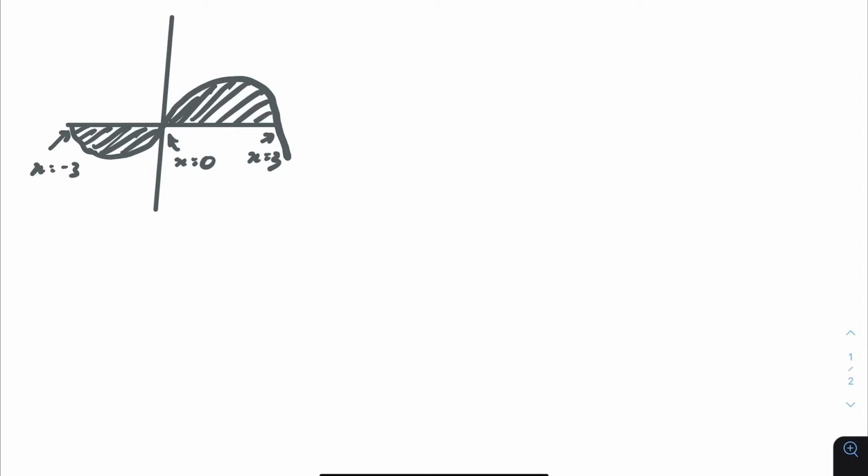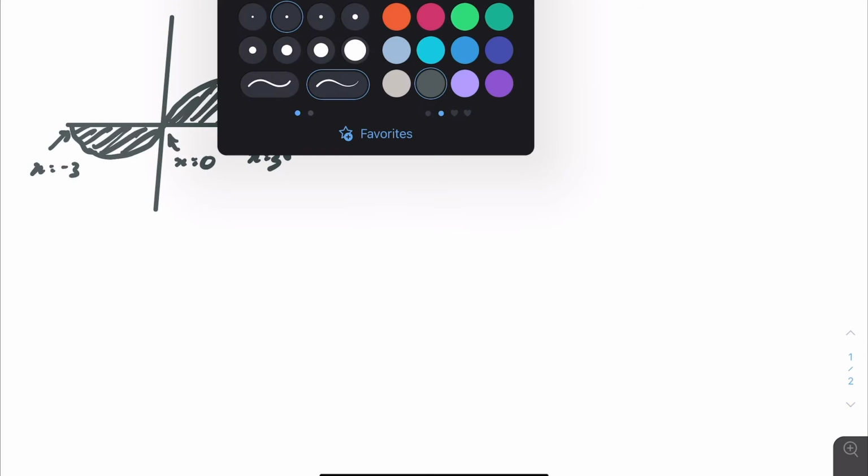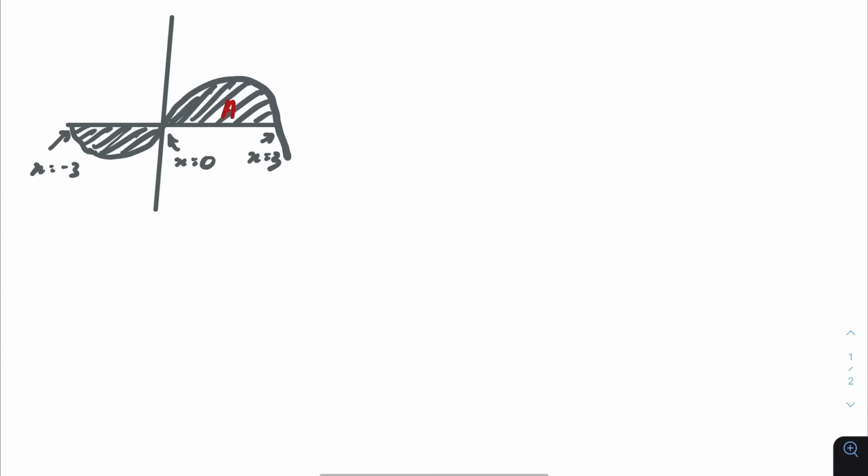Then you'd split the curve into 2 parts. This would be part A, this would be part B. So part A's area would be the integral of f of x with the bounds 3 and 0. That's the boundary. And then you just find this area on its own, right? Part B would be equal to the absolute value, because we're dealing with an area completely below the x-axis, of the integral from -3 to 0 of f of x.